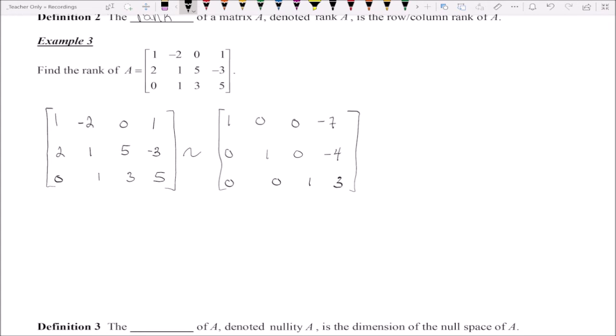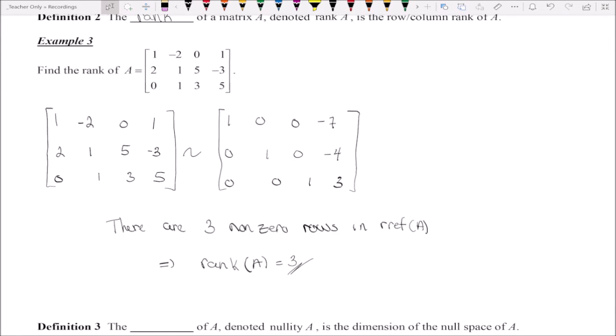And we found that the non-zero rows of the row reduced matrix form a basis. So really, all we want to do is look for the number of non-zero rows. Well, there are 3 of them, right? Non-zero rows in the RREF of A, which implies the row rank is 3, or simply the rank of A is equal to 3.